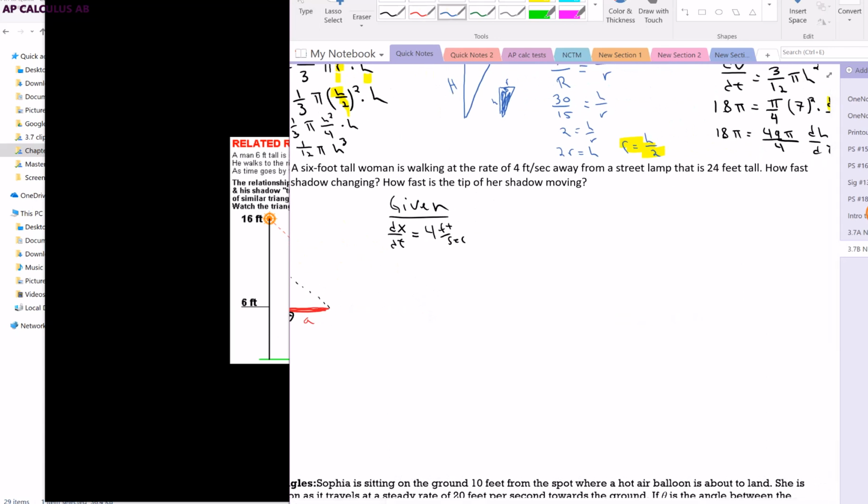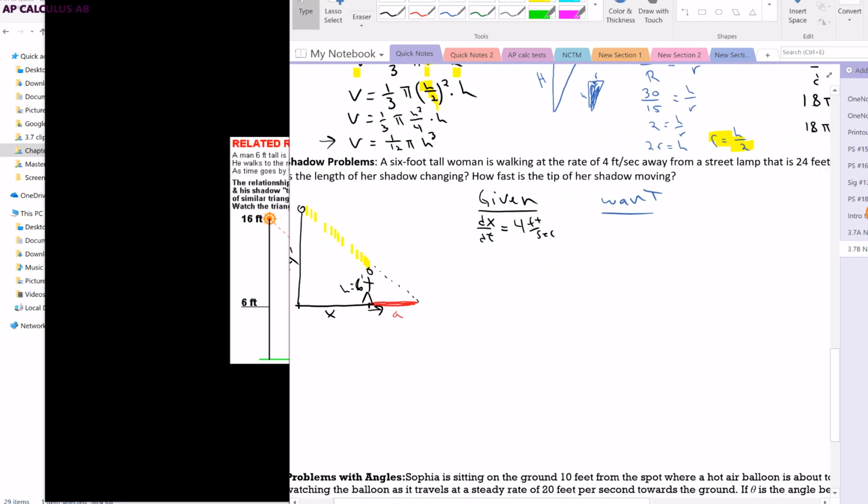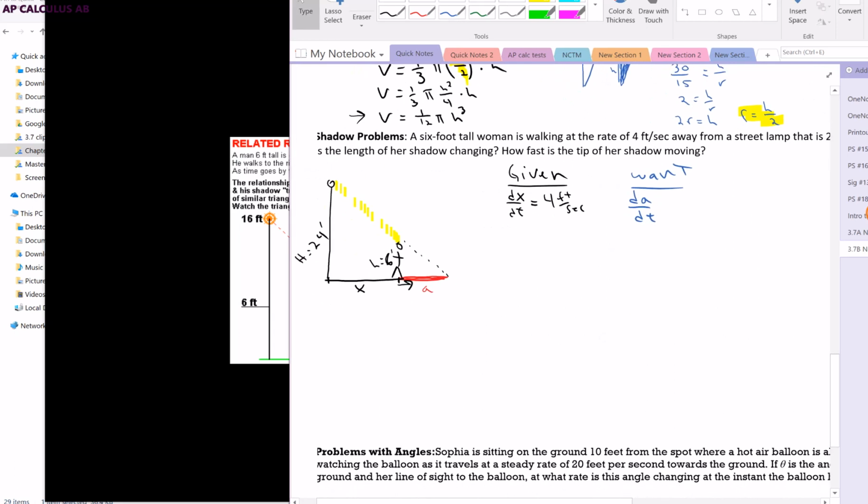And what are we interested in? What do we want? We want how fast the length of her shadow is changing. So we want dA/dt, the rate of change of her shadow with respect to time. And the reason this one is so complicated is just trying to set up what's going on here. The important part to notice is these two triangles.